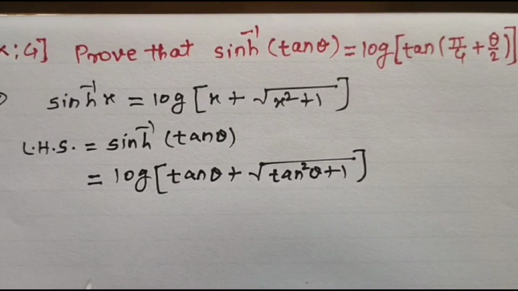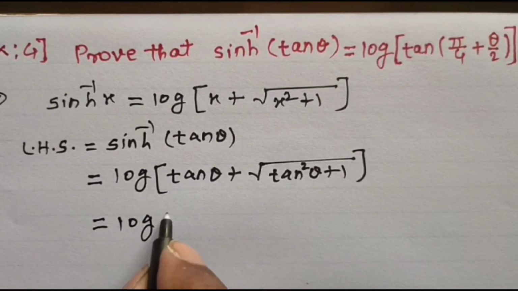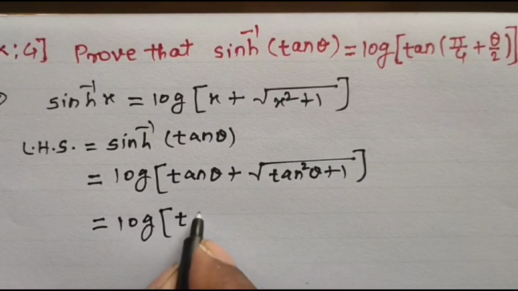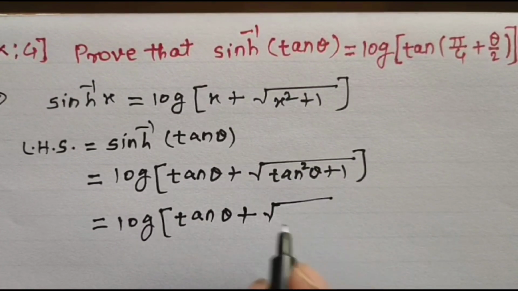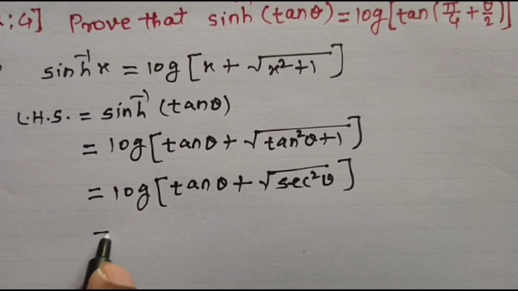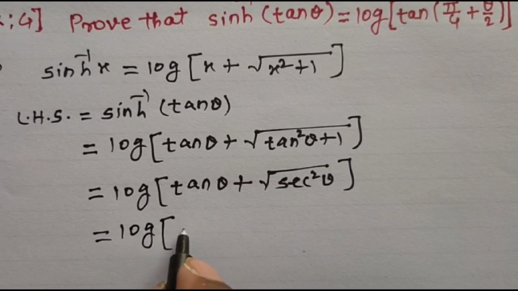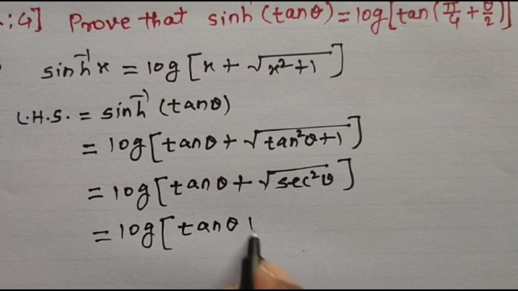But 1 plus tan squared theta is sec squared theta. Logarithm of tan theta plus square root of sec squared theta, and this is equal to logarithm of tan theta plus sec theta.